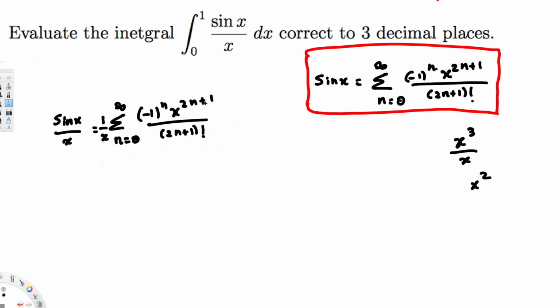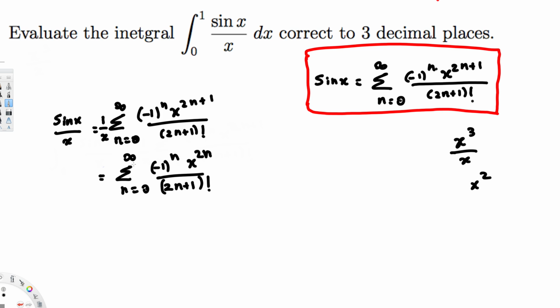Here we have x power 2n plus 1, and if I bring this inside, this is going to become summation, n equals 0 to infinity, negative 1 power n, x power 2n, because one of them is going to be subtracted. So we are going to have x power 2n over 2n plus 1 factorial. So this is going to be sin x over x.